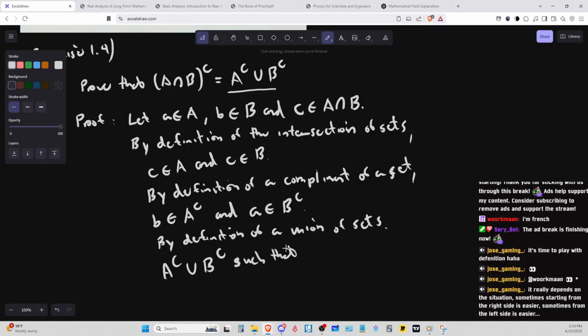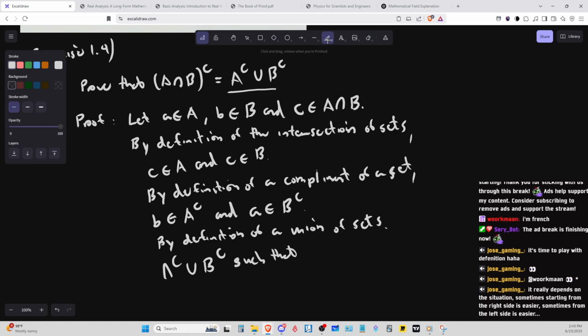Such that, maybe I have to write element n of the union of the complement, but then I have to put this in parentheses here, such that, no, I think that's not the right way to write it.